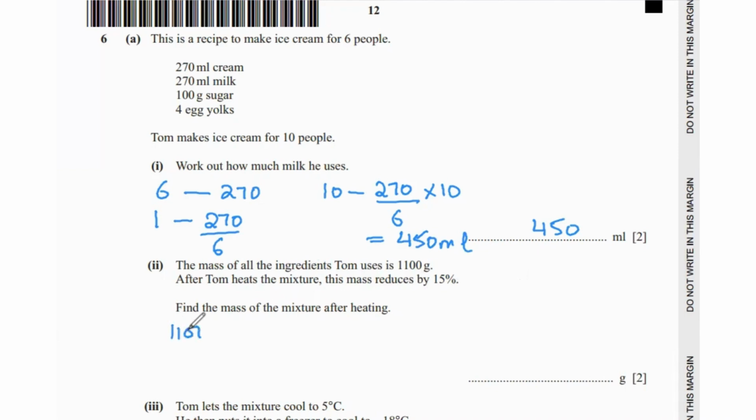So 1100 times 85 over 100, and that gives us 935 grams. An alternative method is you find 15% of 1100 and then you subtract that amount from 1100 to get the new mass. Either way, it's correct.